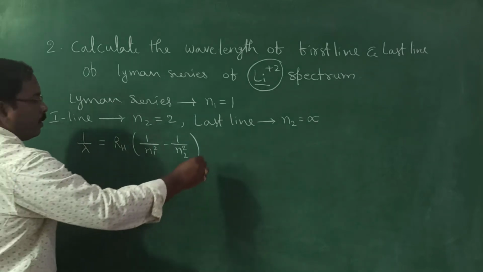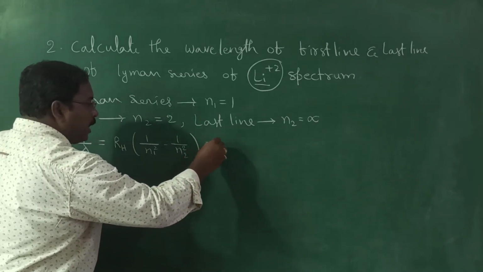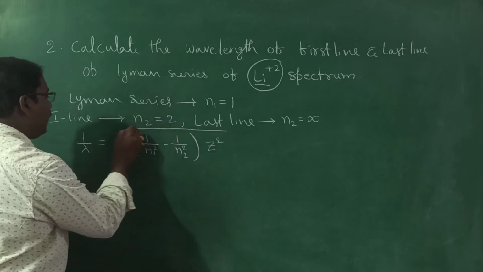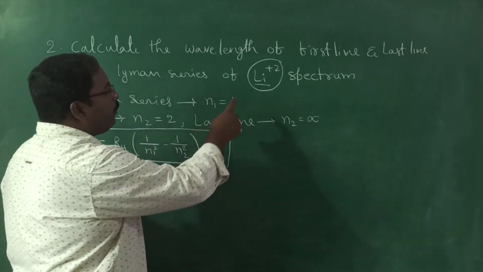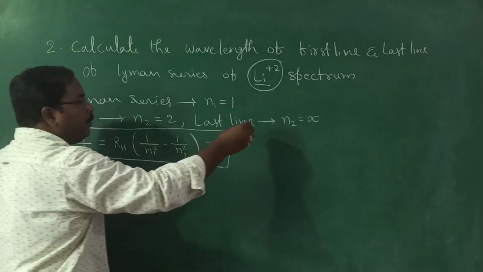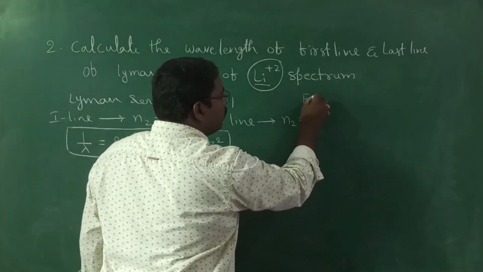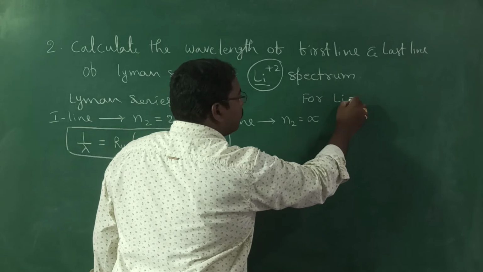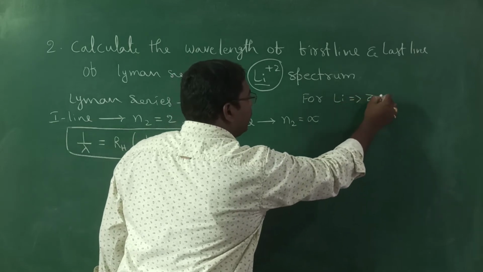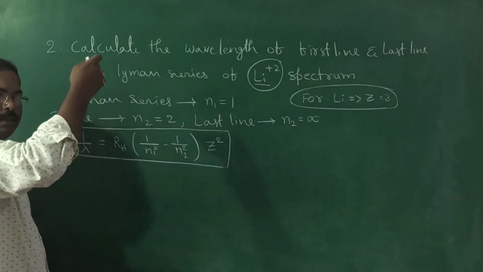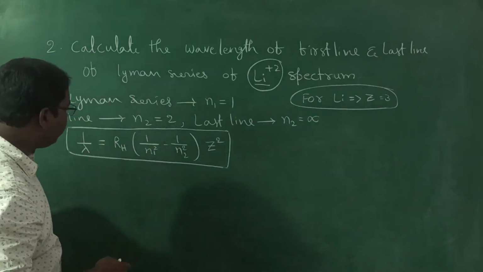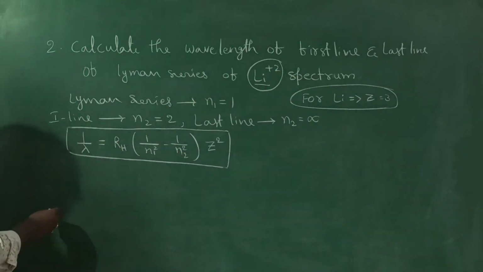It is not a hydrogen atom, so compulsorily we should take care of the Z value also. What is the Z value for lithium? For lithium the atomic number is 3. Hydrogen, helium, lithium.